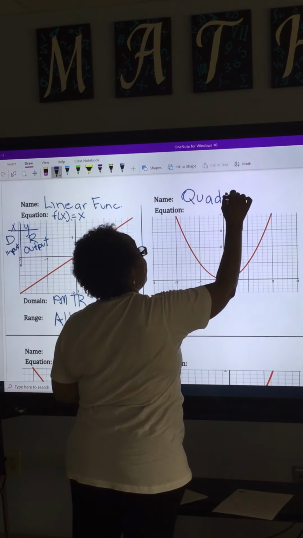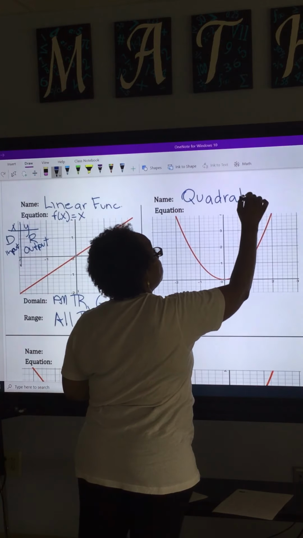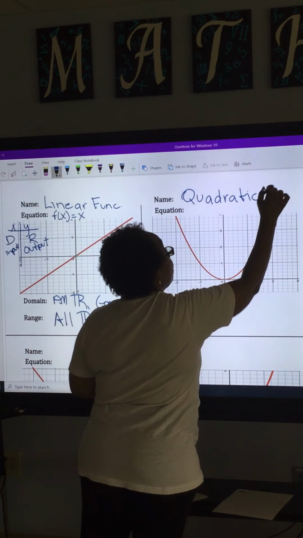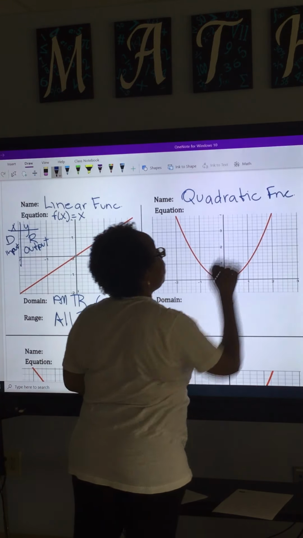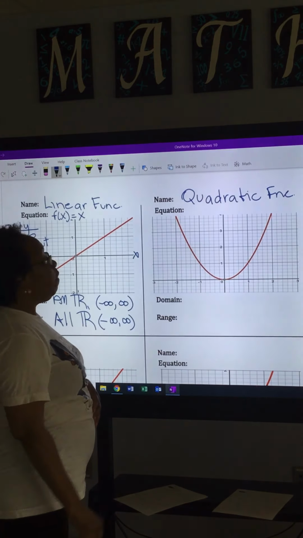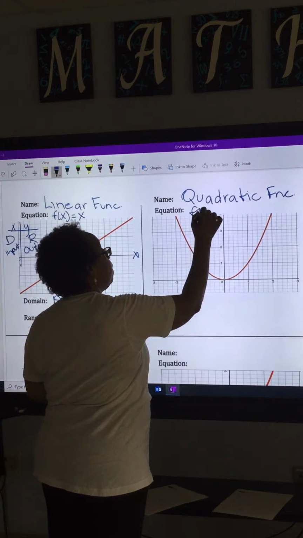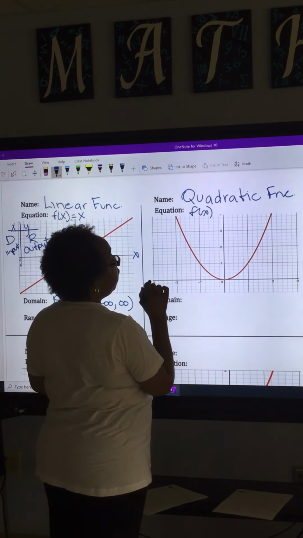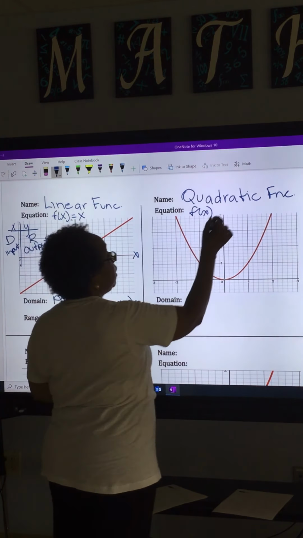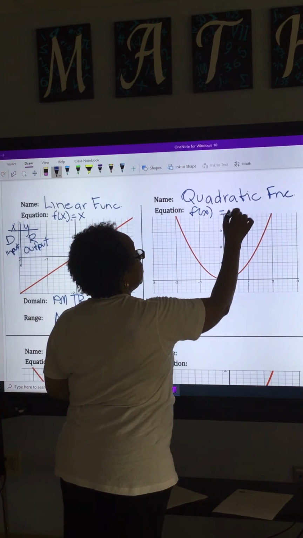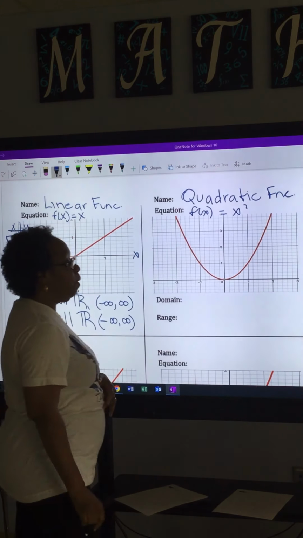That looks a lot better. It's a quadratic function, okay? The equation for a quadratic function looks like this. It's f of x, that's f parentheses, x in the middle, close parentheses, equals x squared, okay?